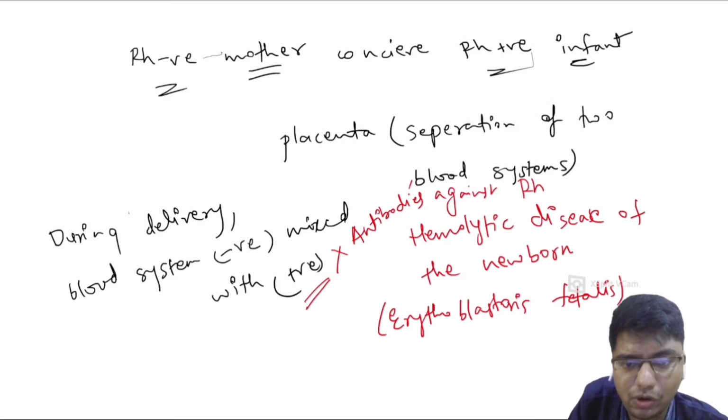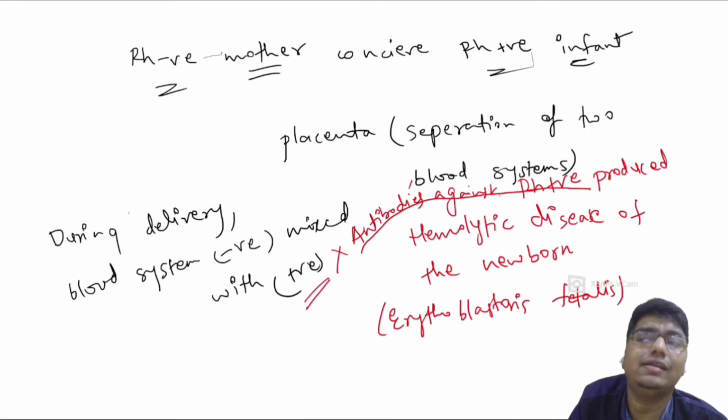It will not harm the first baby, but if the second infant has the positive blood group, then it will be harmed. These antibodies can attack the next infant. Okay, it will not harm the first because it is after delivery, but it can harm the second infant, the second embryo we can say.